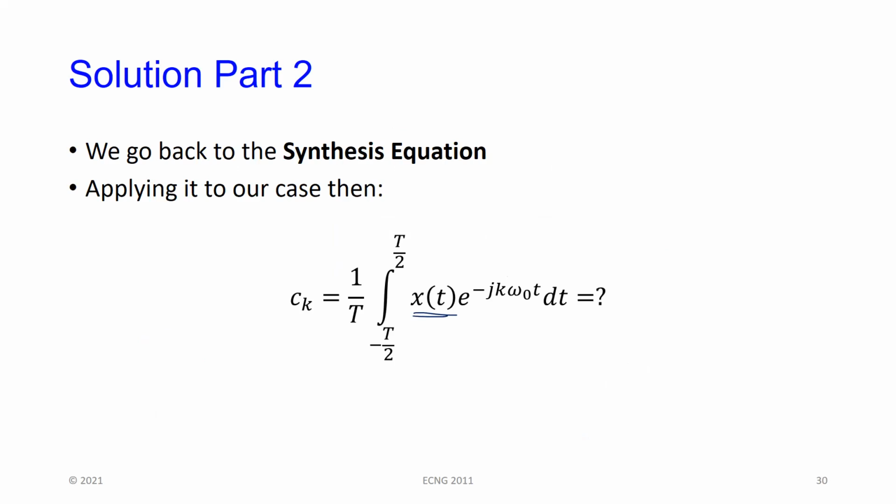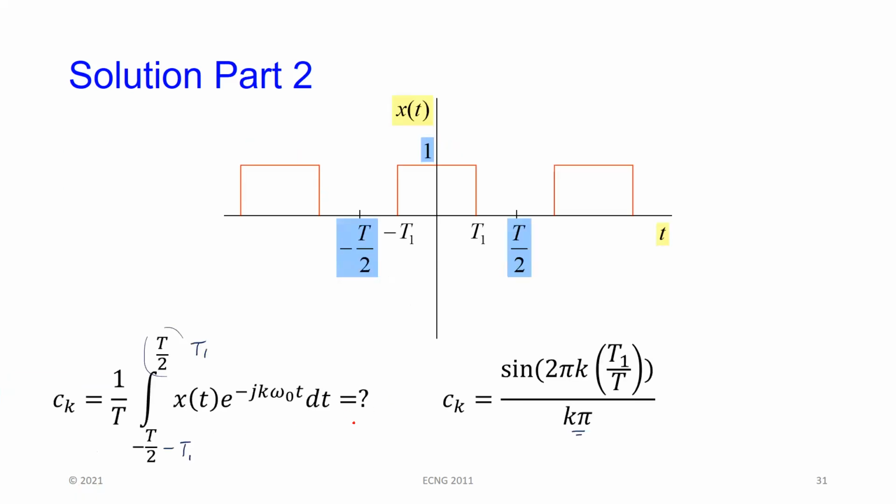But if you look at x(t) as it is given, x(t) is 1 for t greater than minus t1 and less than t1, and 0 elsewhere, right?